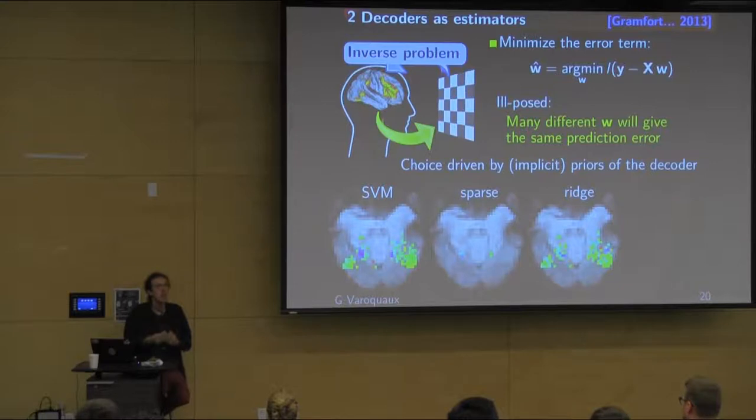I have an infinite number of possible answers given my data. So all the decoders have an implicit prior that goes with the decoder, and it's a prior that's usually chosen for good computational and statistical reasons. And this is where we could inject our knowledge of the brain.